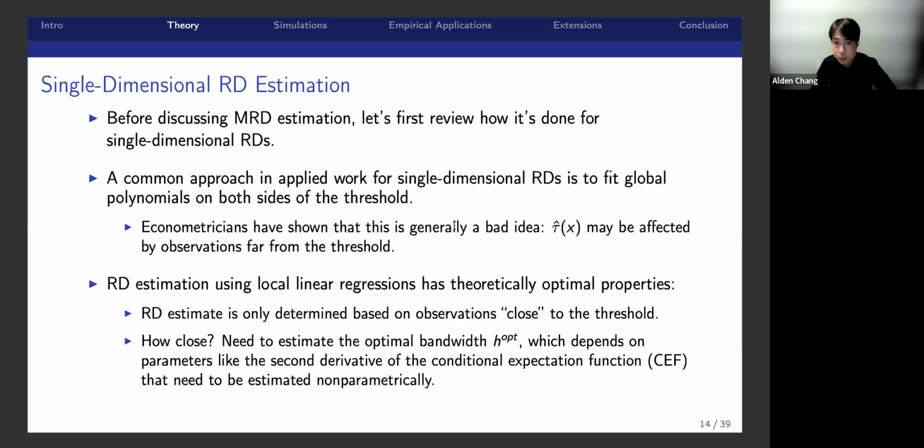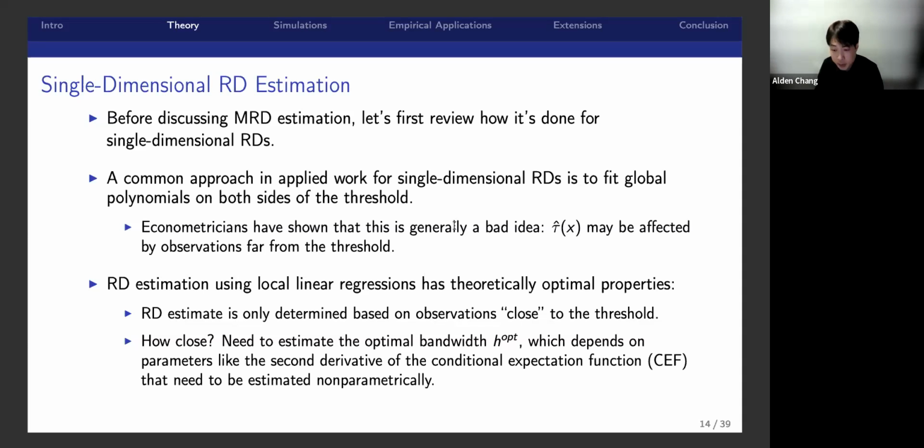A common approach in applied work for single dimensional RD designs in the past is to simply fit global polynomials on the two sides of the threshold. For example, people have fit quartic polynomials and just taken a difference at the threshold. Econometricians have made the point that this is typically not a good idea because the estimates of the treatment effects at the threshold may be affected by observations that are very far away from the threshold.